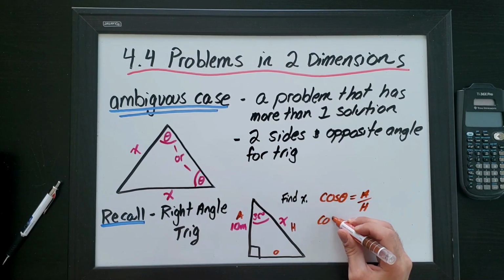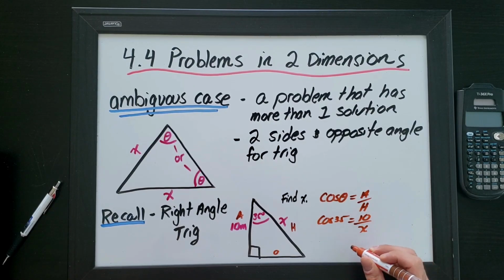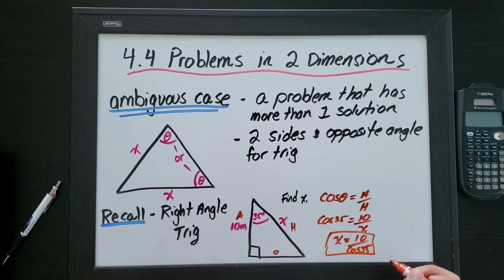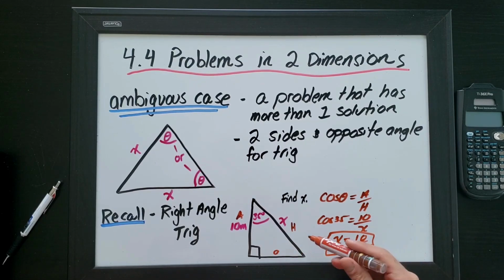The angle is 35, and I don't know what h is. Okay, and when I'm solving for the variable at the bottom, I just replace with cos 35, plug that into my calculator, and get my answer in meters. Okay, and that's it. Right angle trig, very elementary. Make sure you don't make a mistake with this because it's as easy as it gets. Okay, and the next example will be our sine law example.